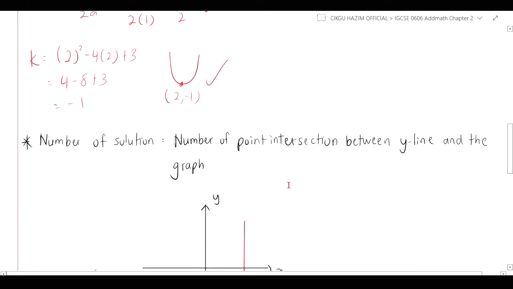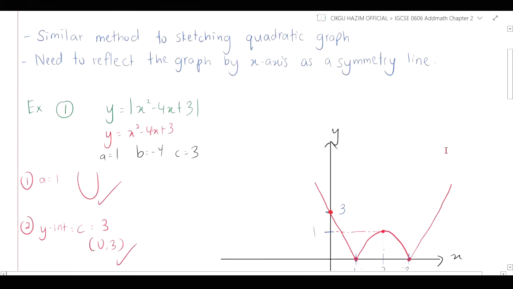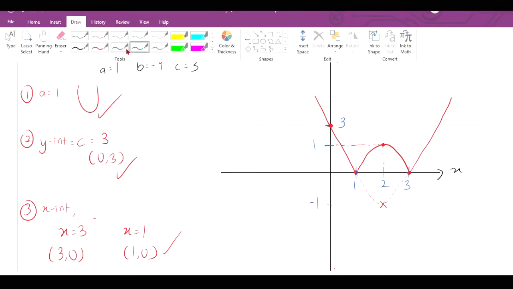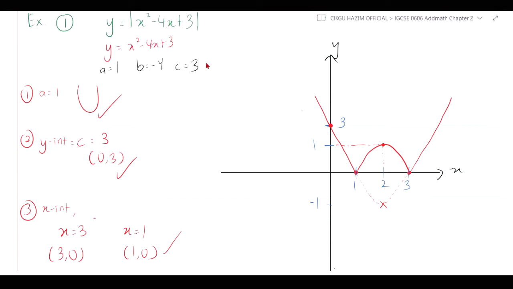So on these things, they may ask you, in this graph, what kind of y-line has 2 solutions. You can imagine that to have 2 solutions, y must be more than 1.